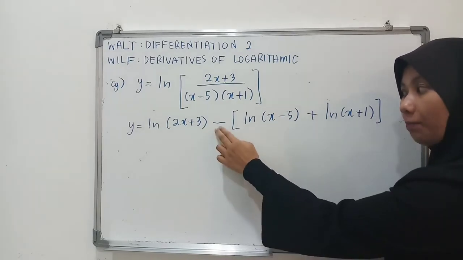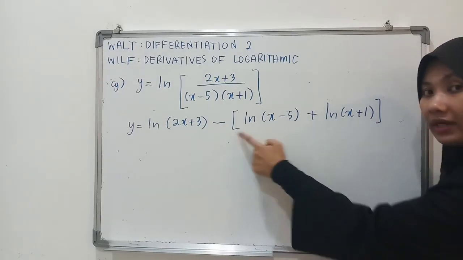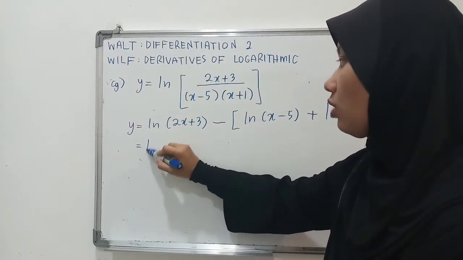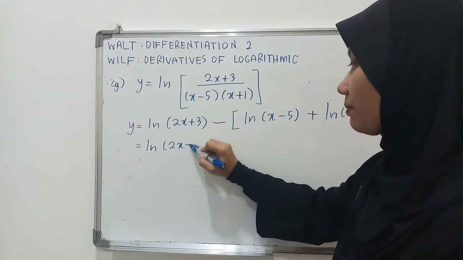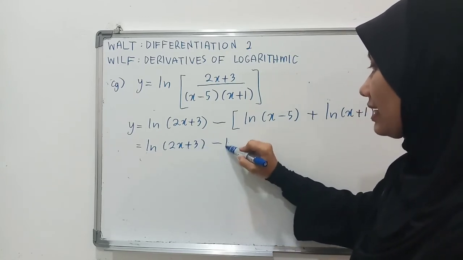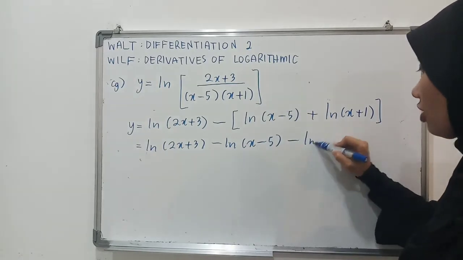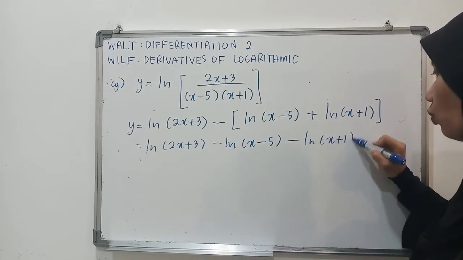Now we open this square bracket that I put. Opening the square bracket will give you ln(2x plus 3) minus ln(x minus 5) minus ln(x plus 1).